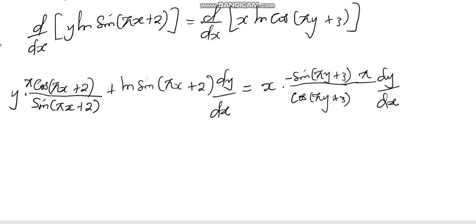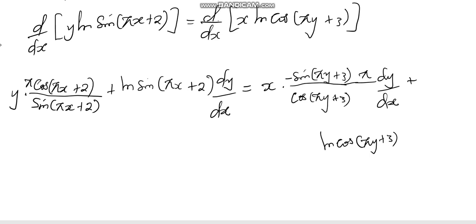Then plus, we keep the second function, which is ln(cos(πy + 3)). Then when we differentiate x, we're simply going to get 1, so we leave it the way it is.